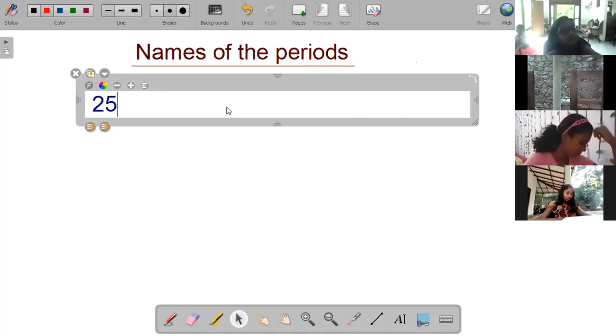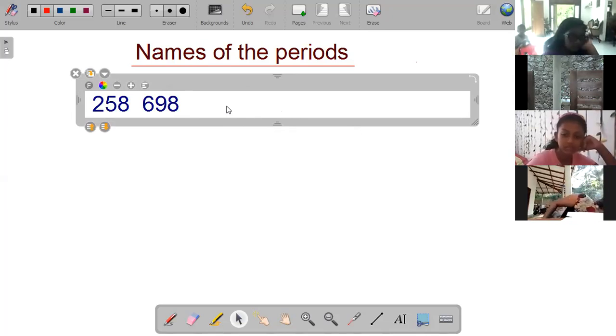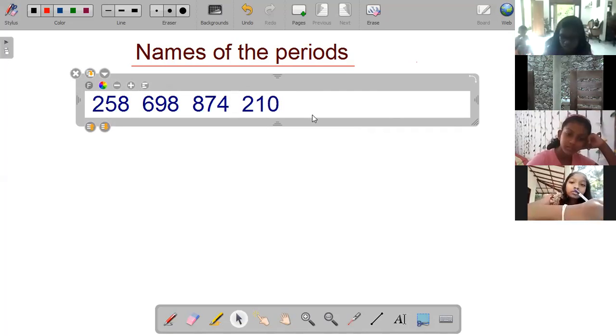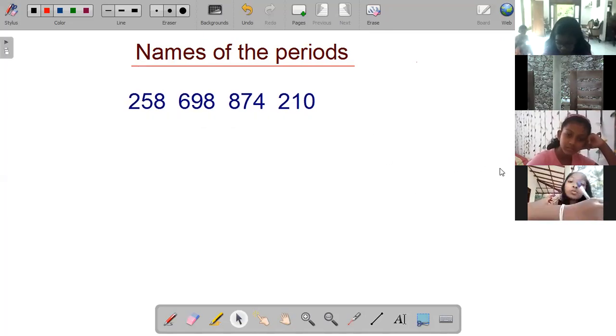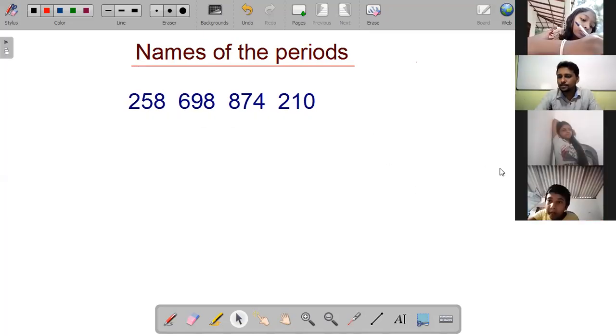Look at. You don't write, okay? First you look at here. Okay, now I wrote the standard form of the number. How many periods can you see in this one? How many periods?